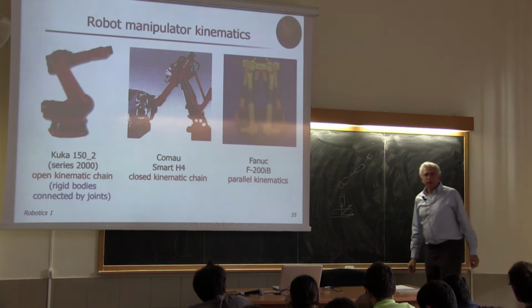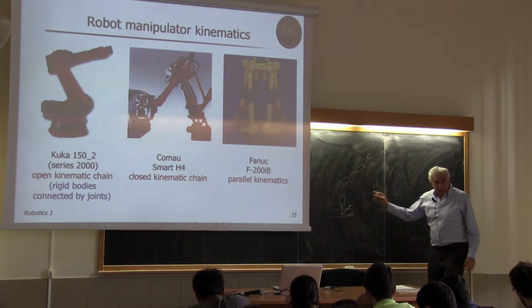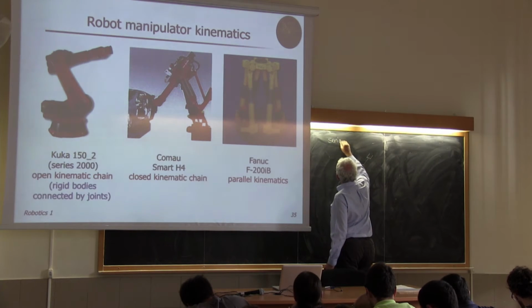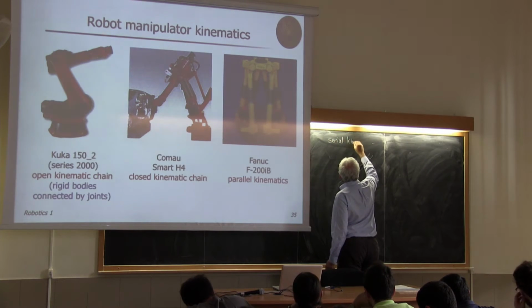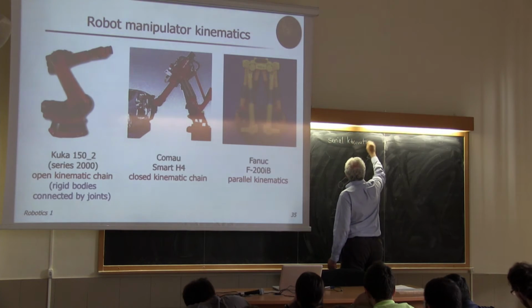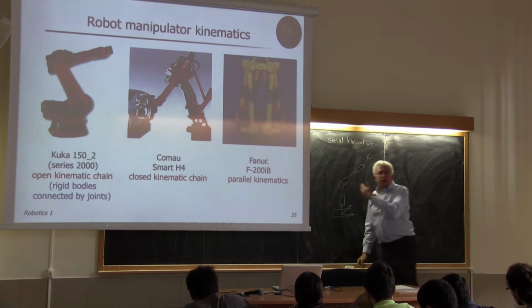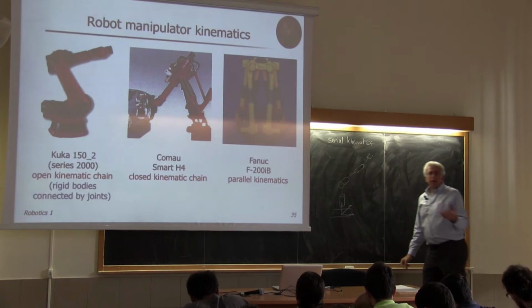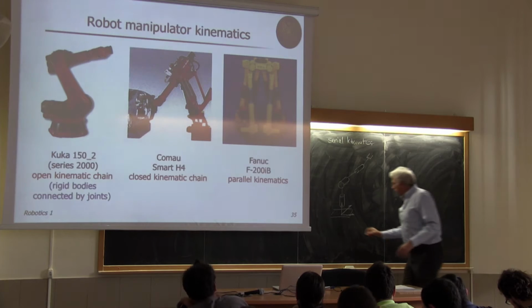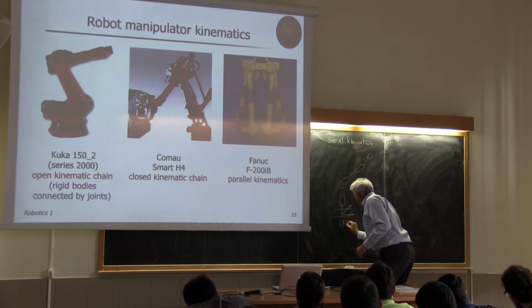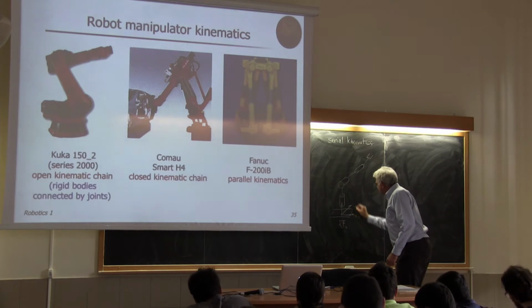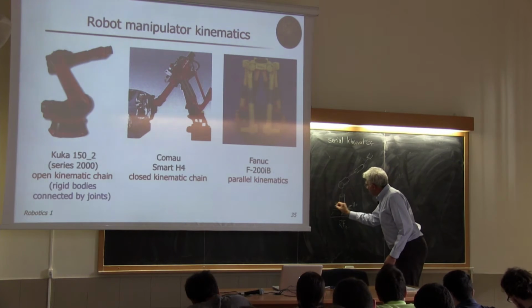So, for what I want to say, I will define 2 reference frames. One at the base of this serial manipulator. So this is serial kinematics, and we will consider mostly this case. So I put a frame, which will be a reference frame, at the base. Let's call it reference frame 0. So it will have axes x0, y0, and z0.